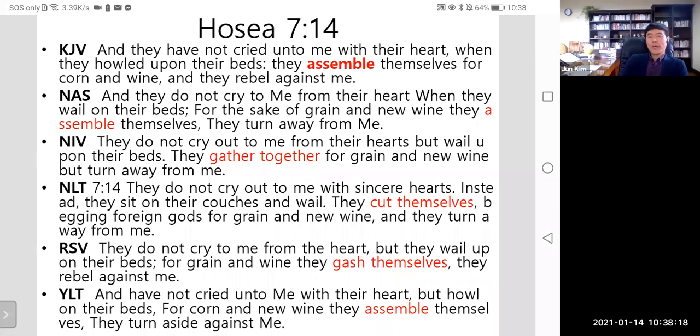Okay, so as I highlight the word in red, what is the difference? Can you see the consistency there? Can you see the difference? The meaning of assembling themselves is quite different from cutting themselves or gashing themselves, isn't it?